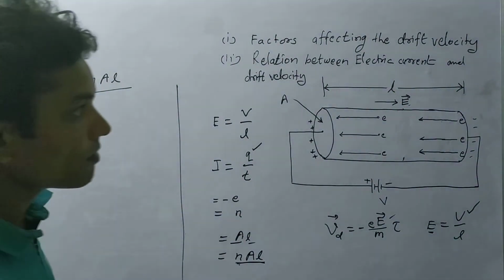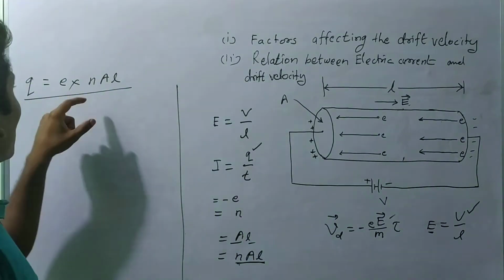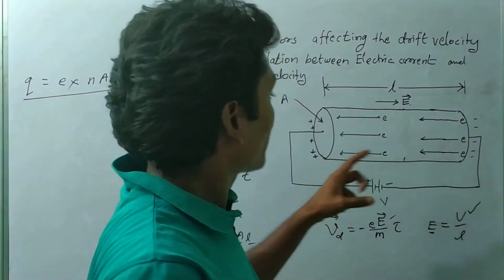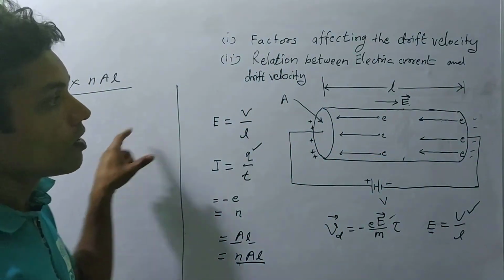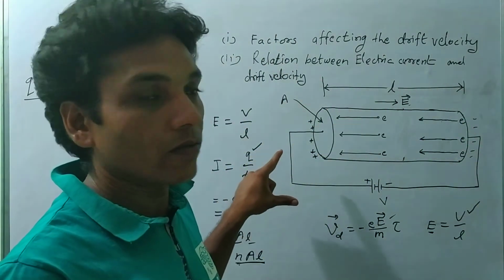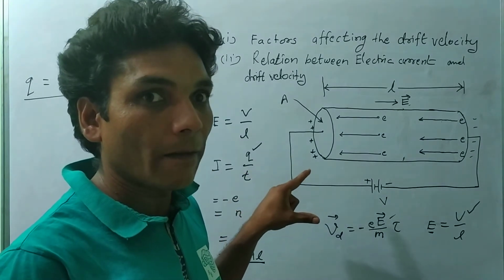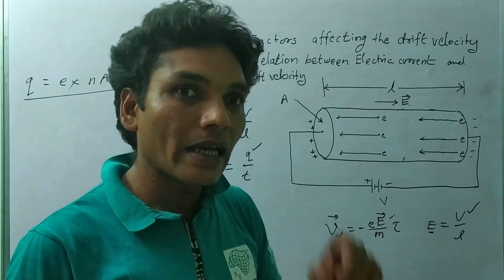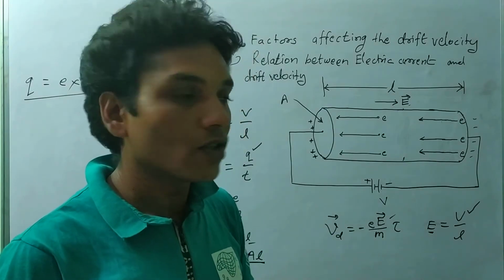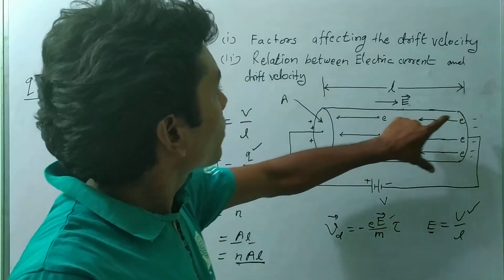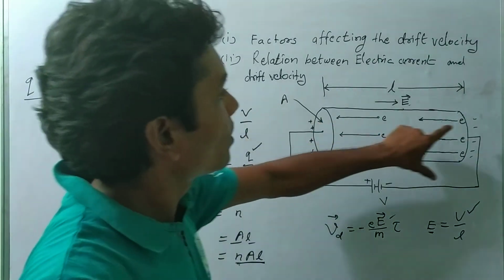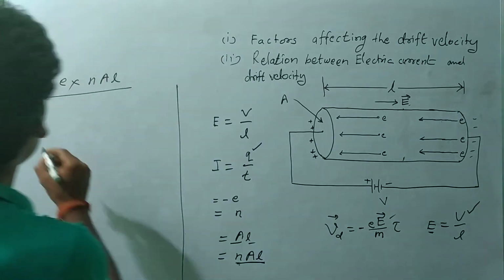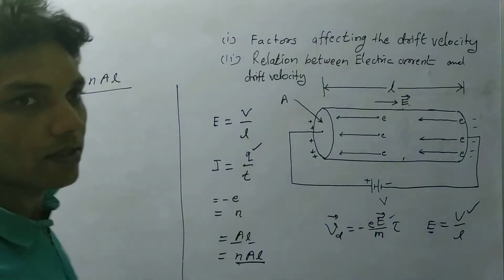Now this much charge Q is flowing through the conductor, and we have to find the time taken for the total charge to flow through the conductor. Let this time be t.